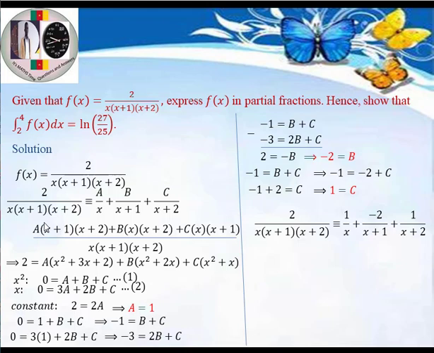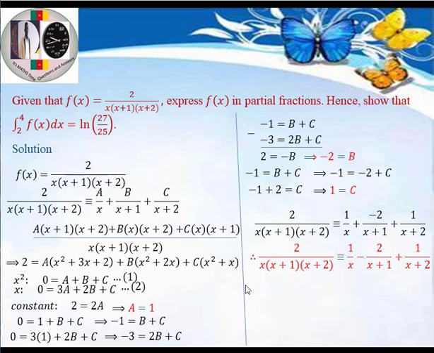So when we do this, we are going to bring this minus down here to simplify it. So f of x in partial fraction now will be 1 on x minus 2 on x plus 1 plus 1 on x plus 2. And that's how we resolve a fraction with linear denominator into partial fraction.